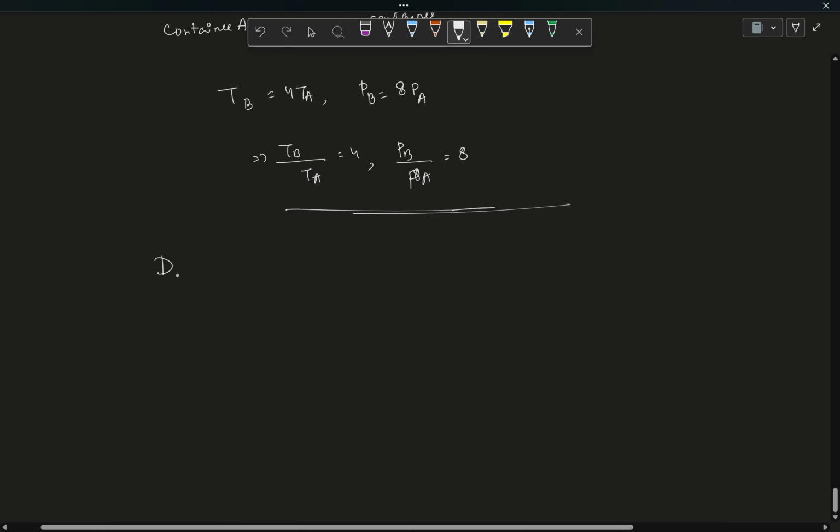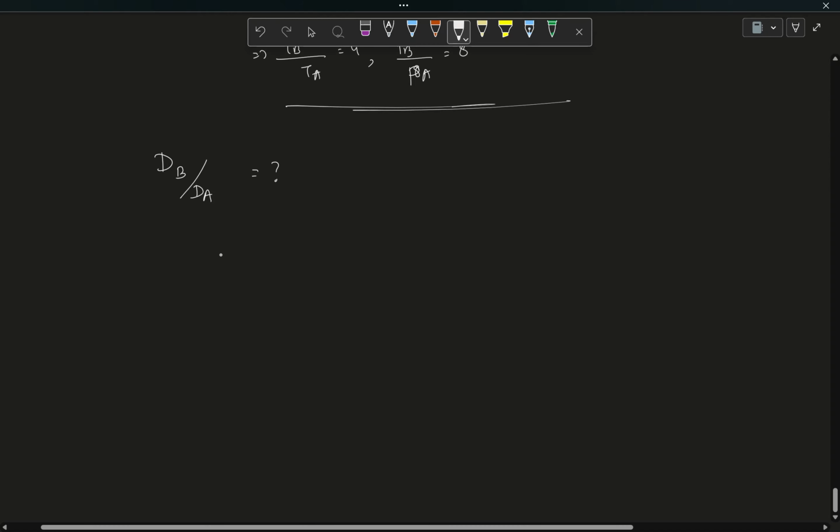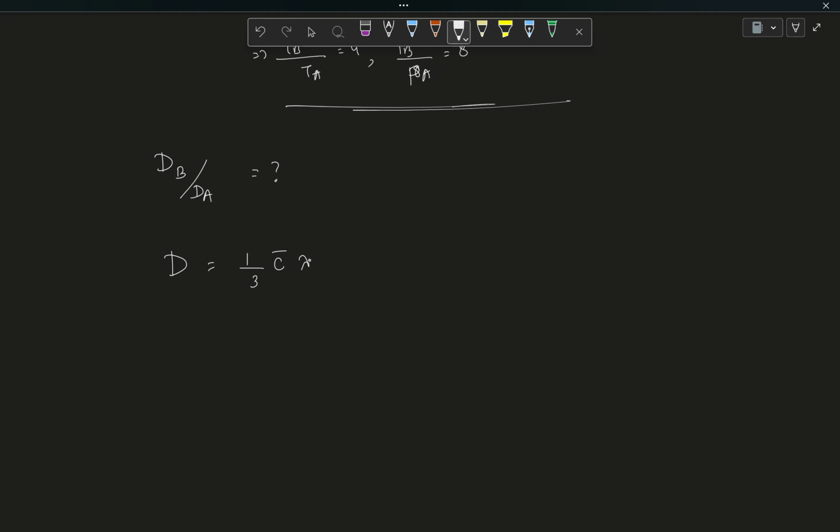Now we have to calculate dB by dA, where d is the diffusion coefficient. We already know the formula for d from the earlier question as well. So d is simply 1/3 c bar lambda, right? So either you can use this directly, or you can use the formula for d.